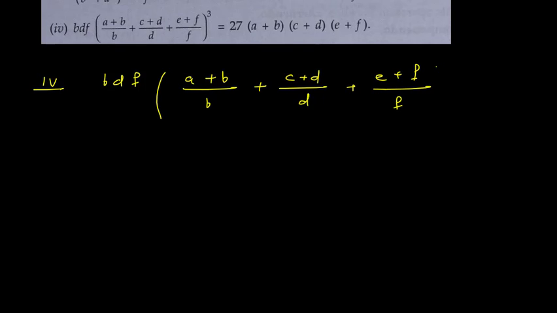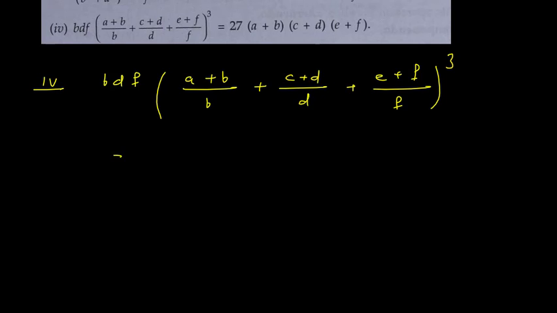we have BDF into, inside the bracket, (a plus b) divided by b, plus (c plus d) divided by d, plus (e plus f) divided by f, and the whole cube.